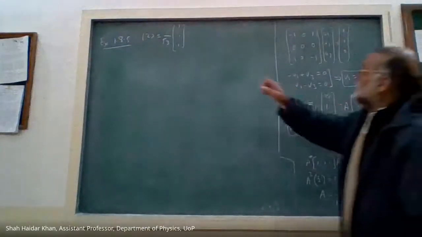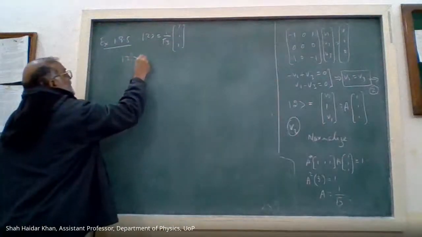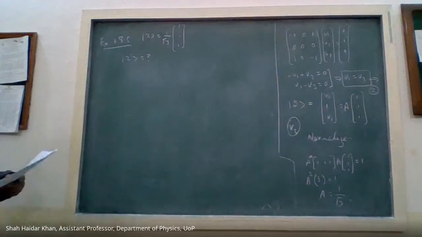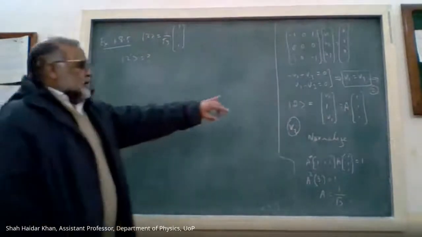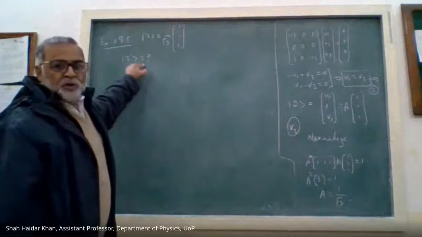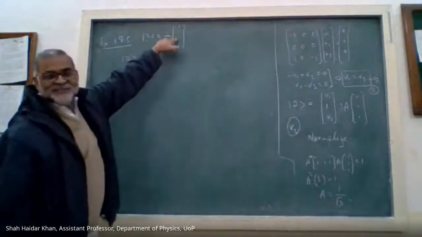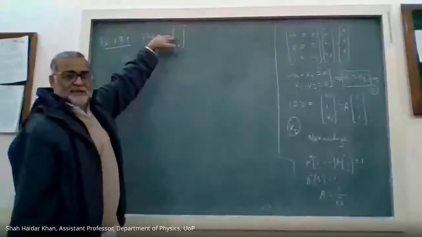For the third vector, what will it be now? 2 prime. What will that be?